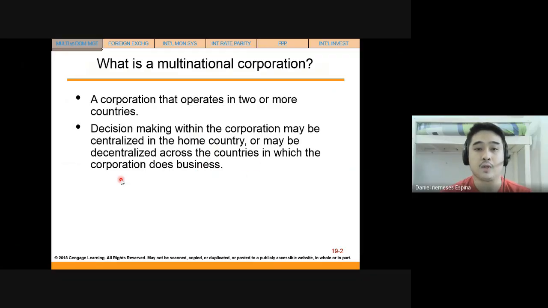Take for example the Sun Life of Canada company. Before, all the decisions came from the international headquarters. But in later years, Sun Life of Canada decided to give this decision making to those countries that they have a branch with. For example, in the Philippines, it is now called Sun Life of Canada Philippines.